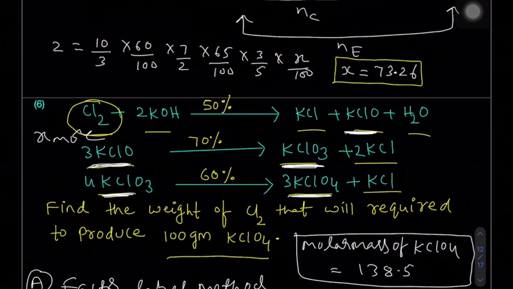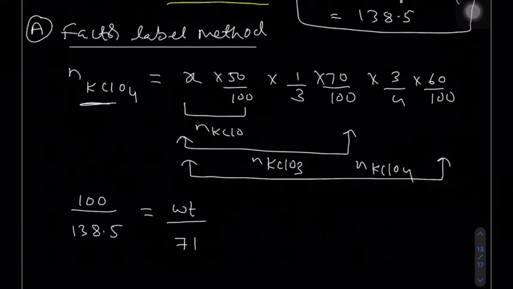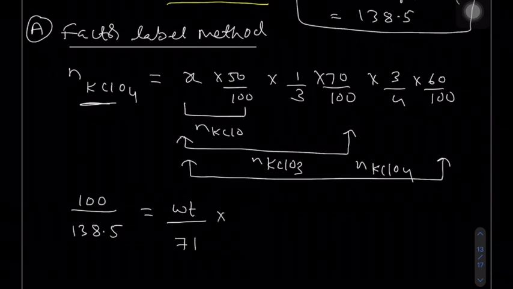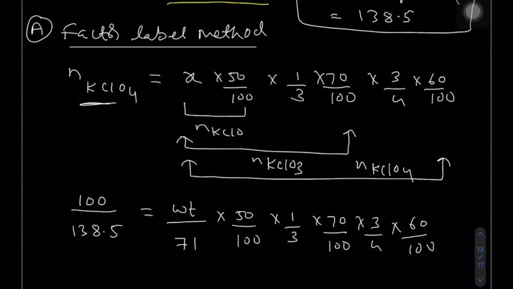So the number of moles of KClO4 is equal to, okay, now what is the X? What is the X? Number of moles of Cl2. How to find the number of moles? Weight upon molecular weight. So what is the weight of the chlorine? That is to be found out. What is the molecular weight of chlorine? 71, into 50 by 100, 1 by 3, 70 by 100, into 3 by 4, into 60 by 100.